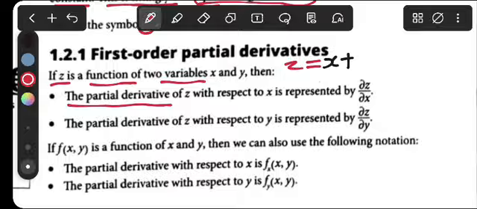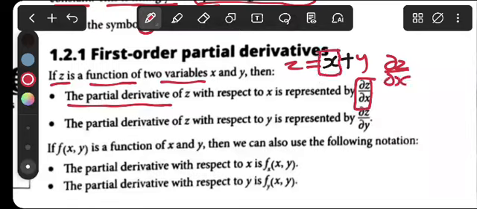The partial derivative with respect to x will be represented like that. That means we'll differentiate only the part that has x, and the other one we'll take as a constant.